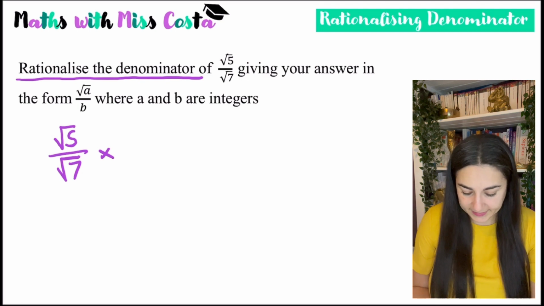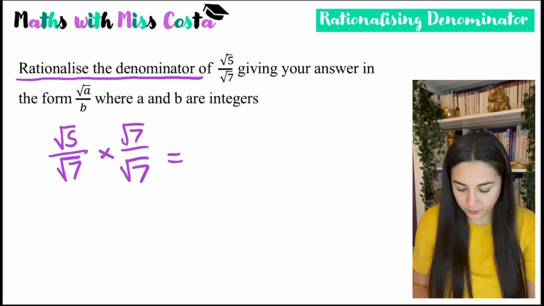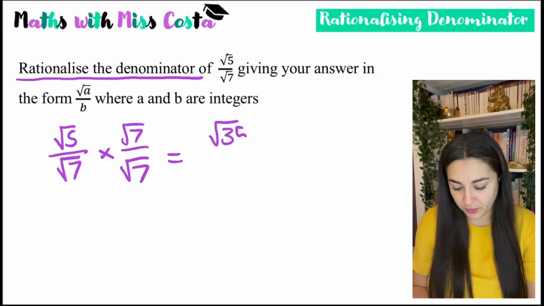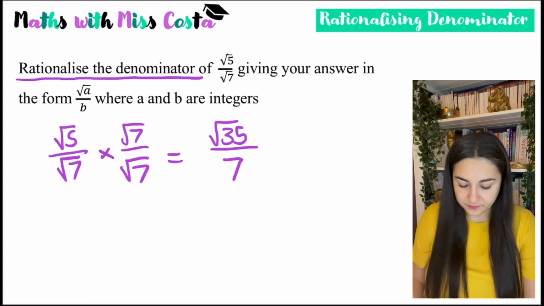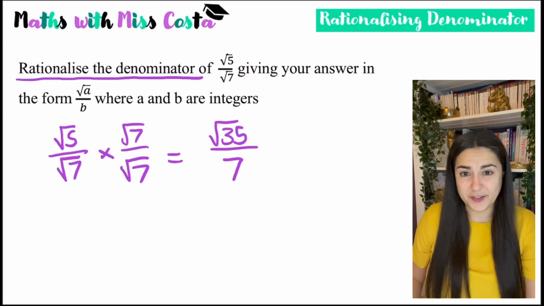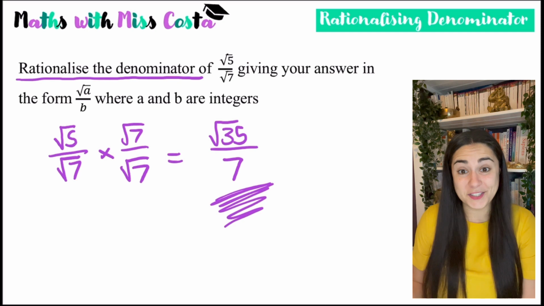So let's multiply it once again by root 7. So root 5 times root 7 would be root 35, and root 7 times root 7 would be 7. So root 35, if I tried to simplify that, I can't simplify that any further. So I leave it as it is. It's in the form root a over b, and that's all you've got to do.